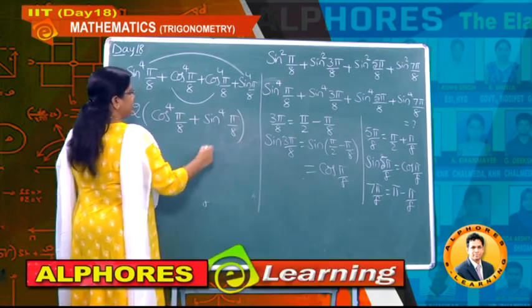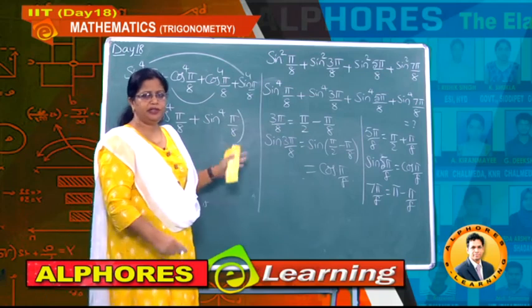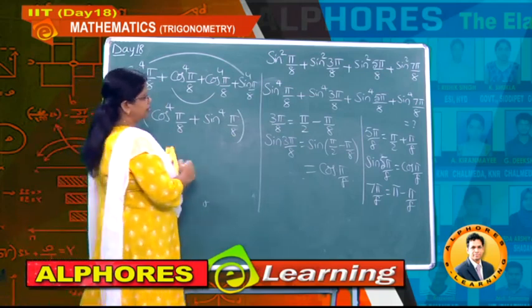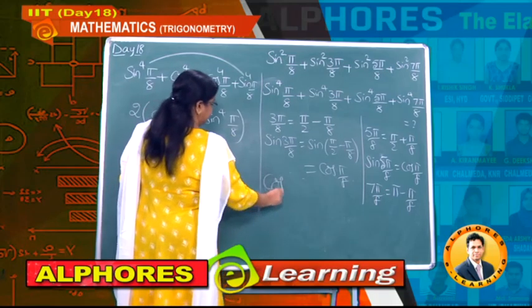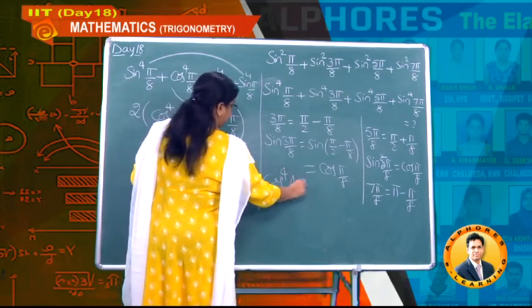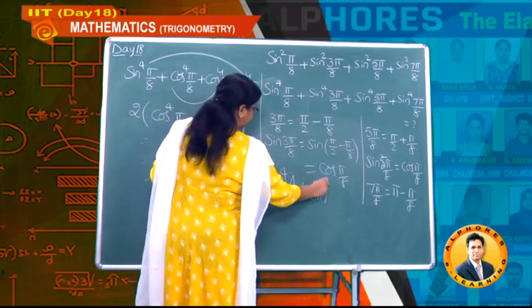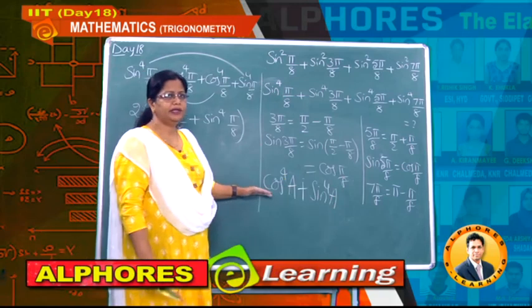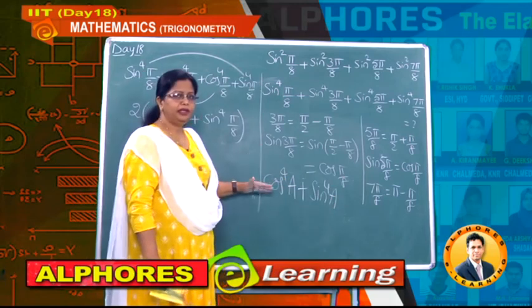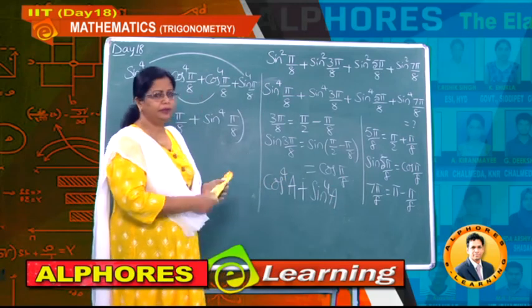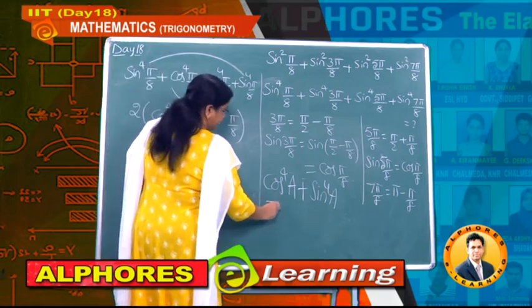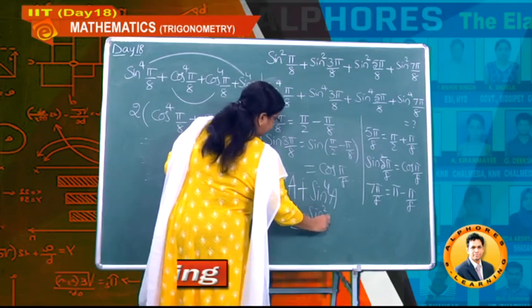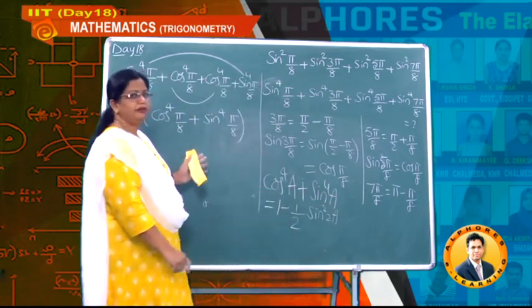Then students, we observed in trigonometric ratios and identities a formula, that is cos to the power of 4a plus sine to the power of 4a. This formula we have observed in trigonometric ratios and identities, and at the same time in the beginning of multiple and submultiple angles, and this is nothing but 1 minus half sine square 2a.